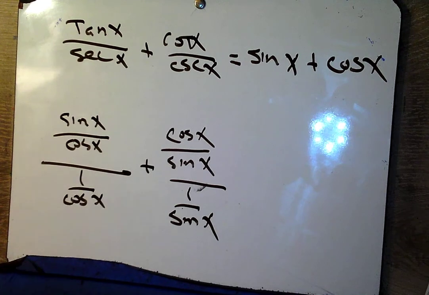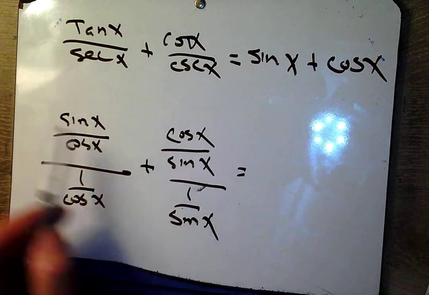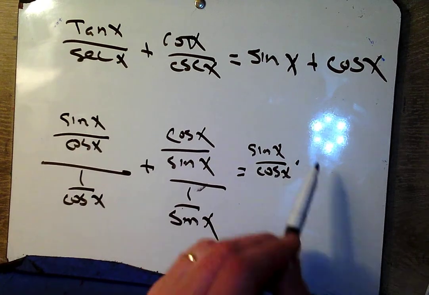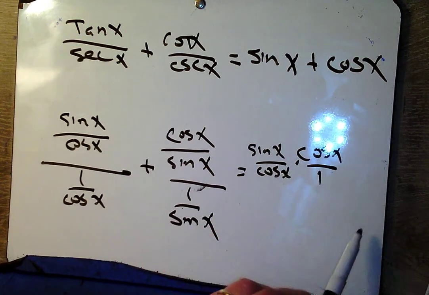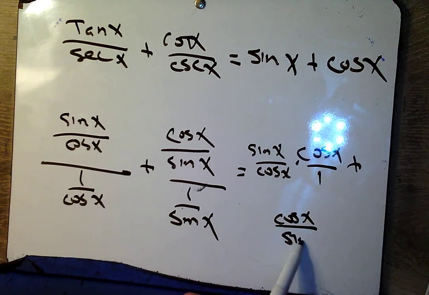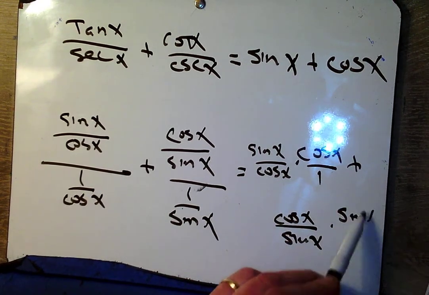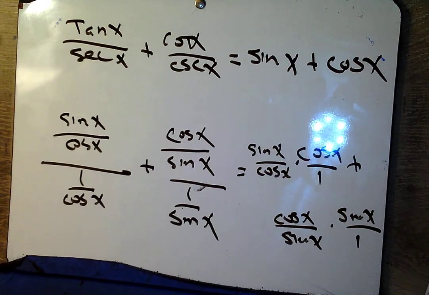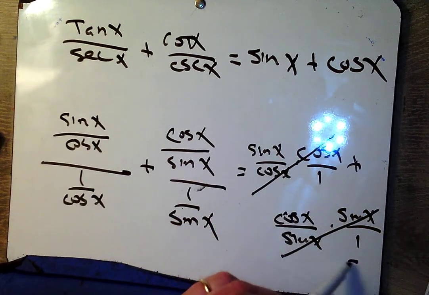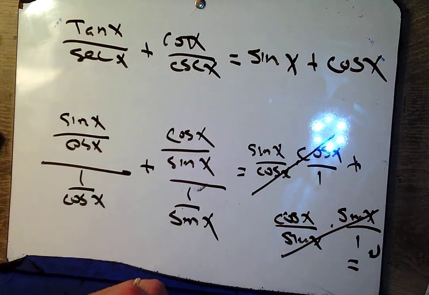So now let's do some flip and multiply. I'm going to have sine x over cosine x times cosine x over 1 plus cosine x over sine x times sine x over 1. And do you see it? And we're left with sine plus cosine, and so we're all done.